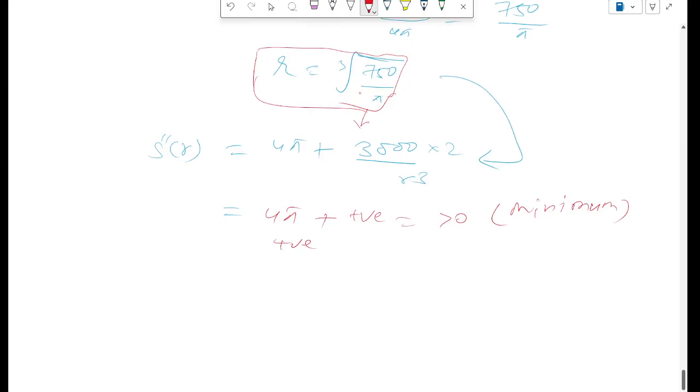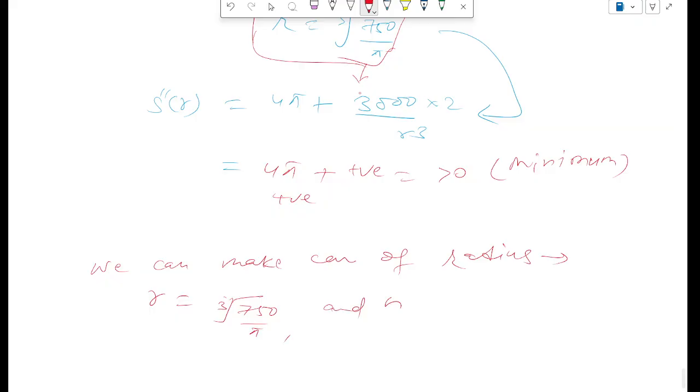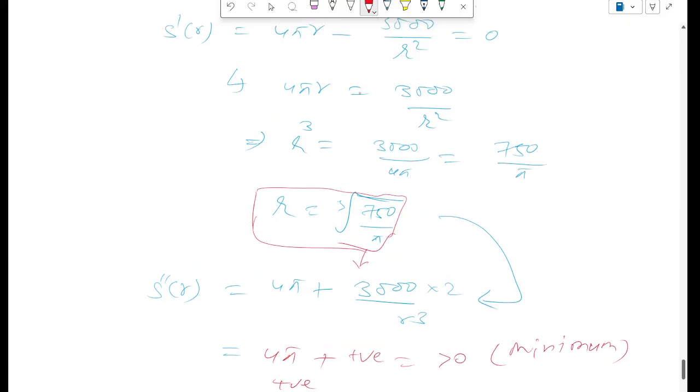So we can say that we can make a can of radius r equal to cube root of 750 by pi and height h equal to h.